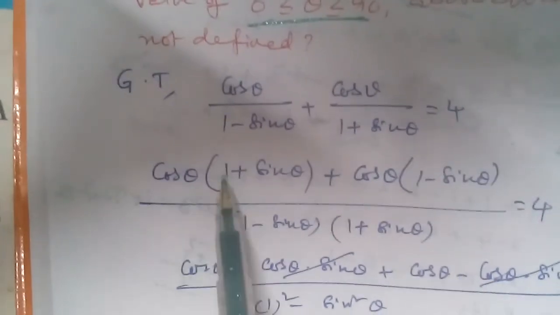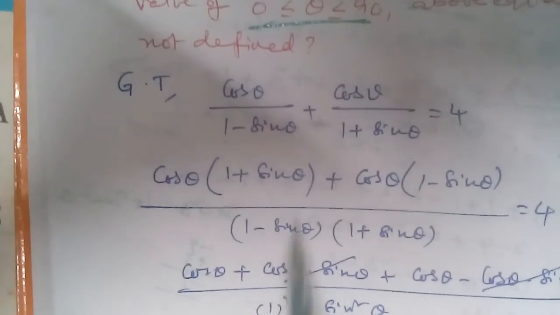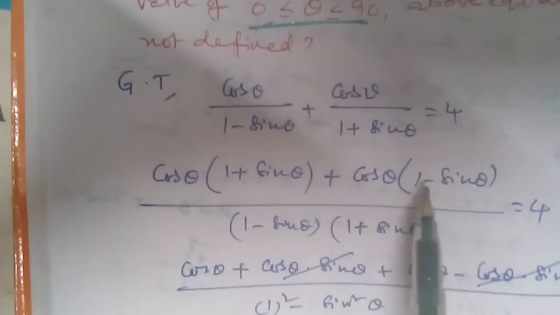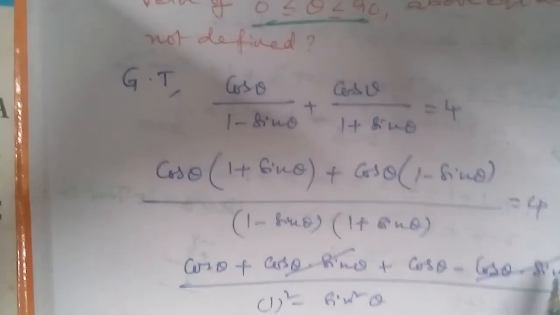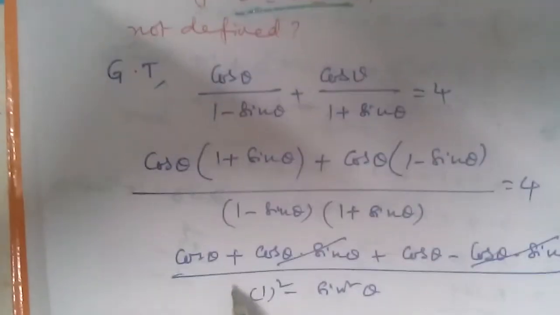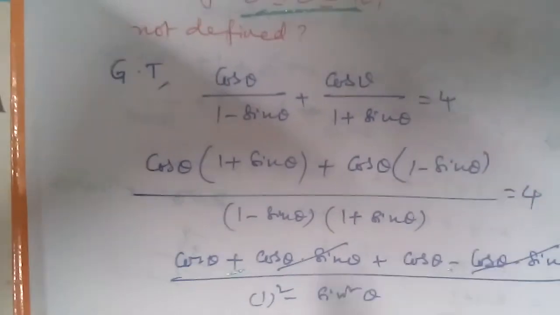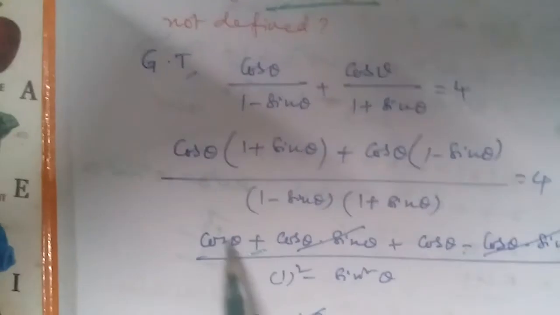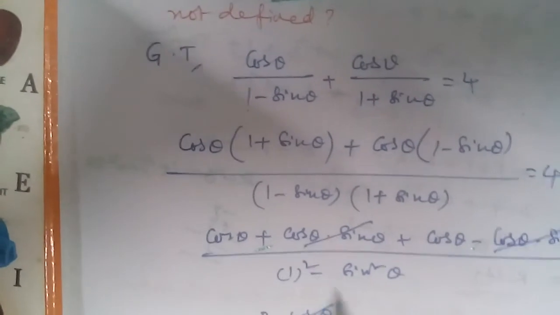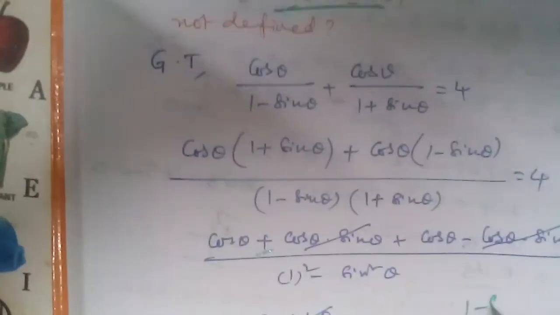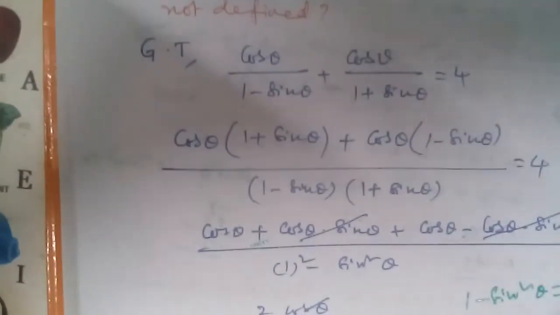So cos theta into 1, cos theta sin theta, and cos theta into 1, minus cos theta sin theta. Here we have plus, here we have minus, so they cancel. The remaining is cos theta plus cos theta, 2 cos theta, over 1 minus sin square theta, which is equal to cos square theta.